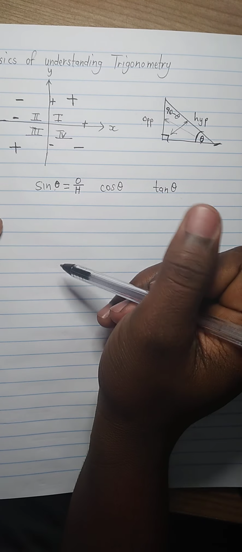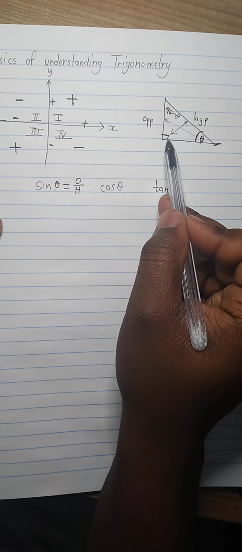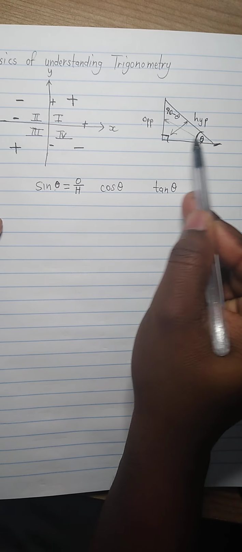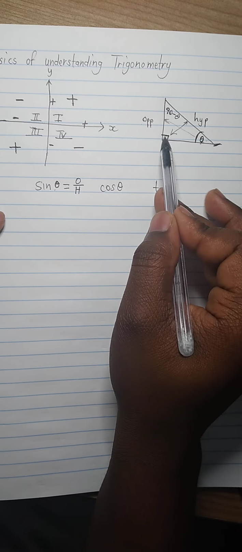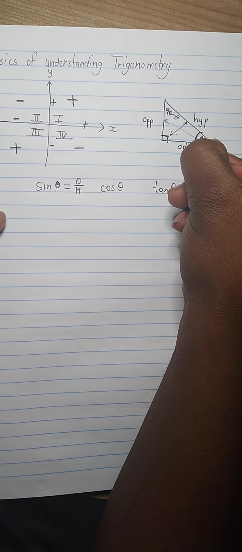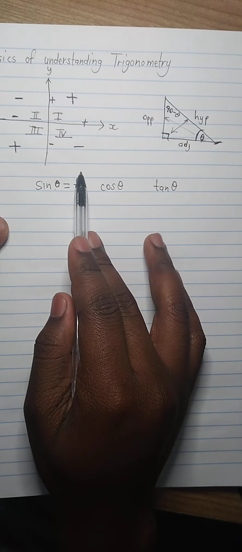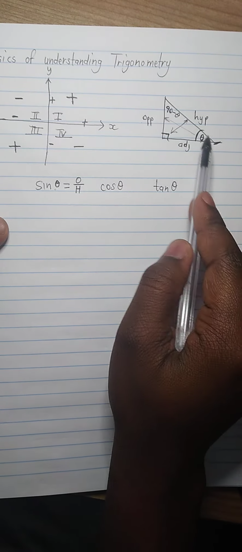And then the adjacent side is the one where 90 degrees and theta are in line. So that's the adjacent.